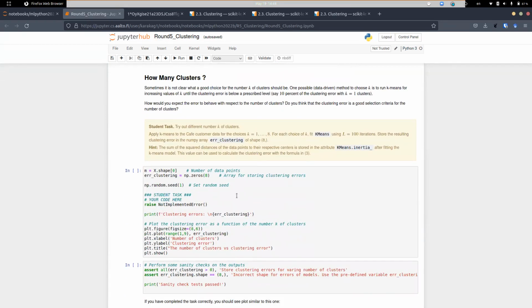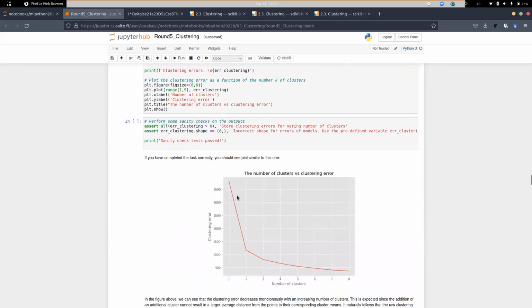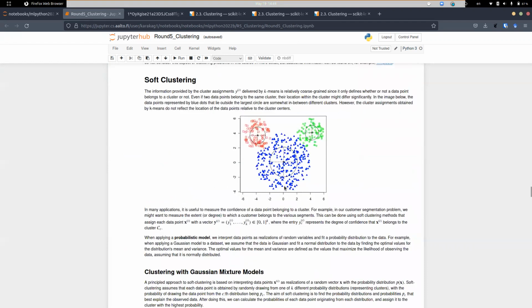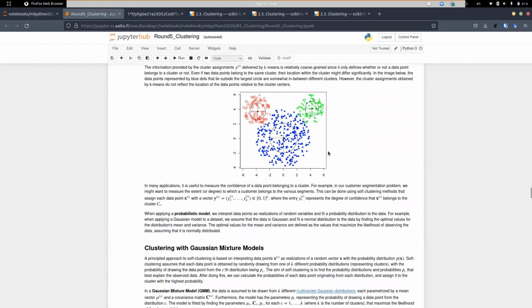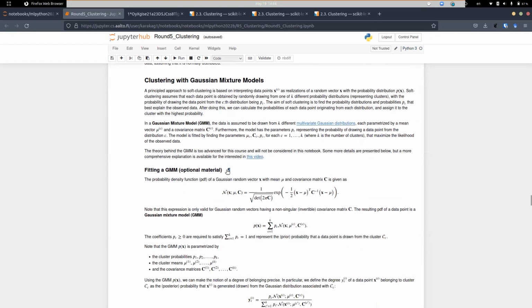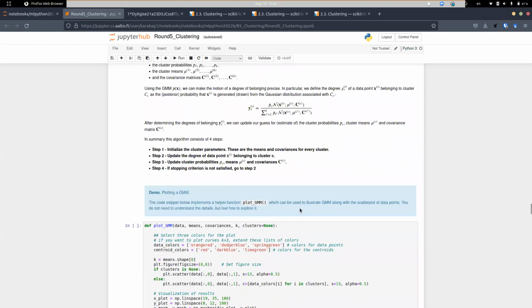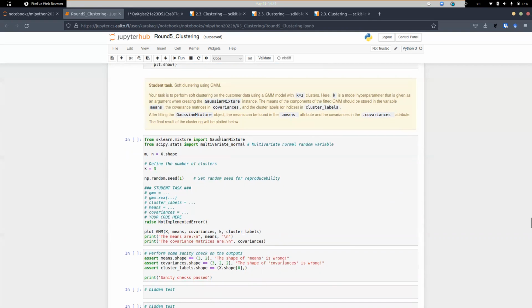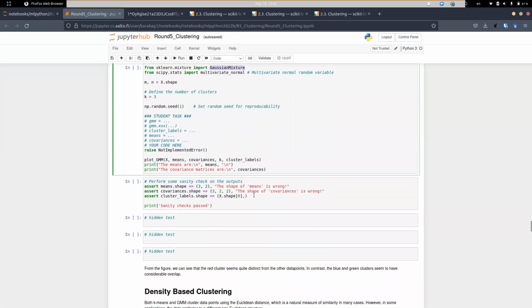And then there is the elbow method to decide on the number of clusters. And then there is soft clustering, some information about how GMMs work. This is optional material, you don't have to read it. In scikit-learn you can use the GaussianMixture class.